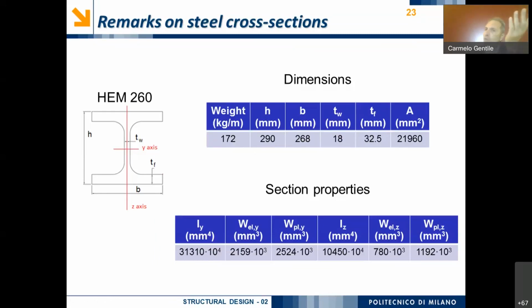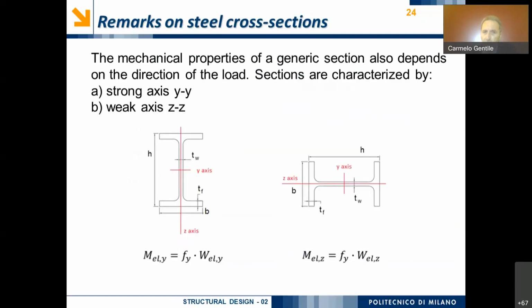And of course, we generally refer to the two main planes of behavior of the cross section, the main inertia axes, and the manuals give us the values corresponding to this inertia bending moment and the WL and WPL values. Okay.